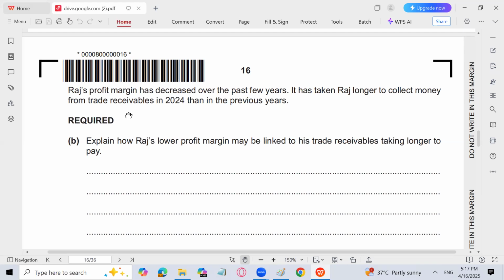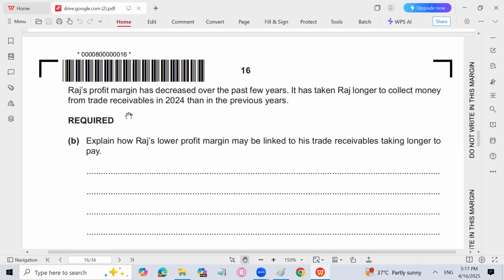Trade receivable turnover ratio will increase. How come it will increase? It will increase when the credit sales have increased, right? The ratio will automatically decrease because of the increase in credit sales, and the trade receivables are not increasing.